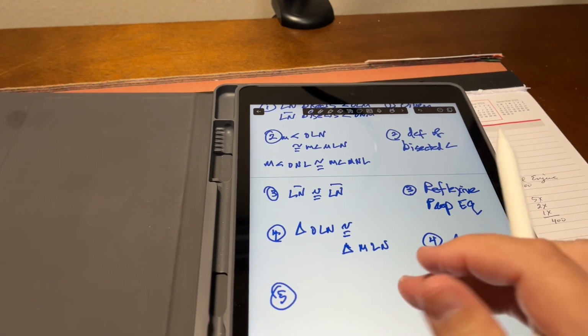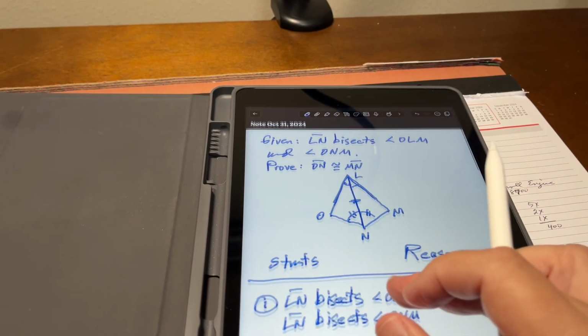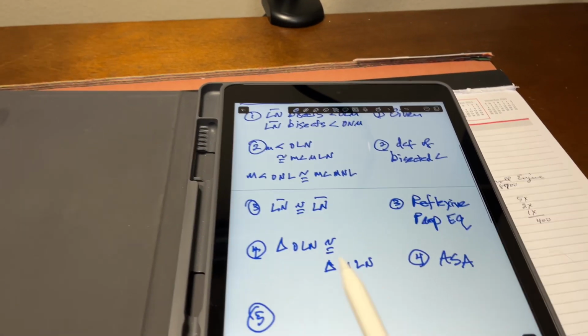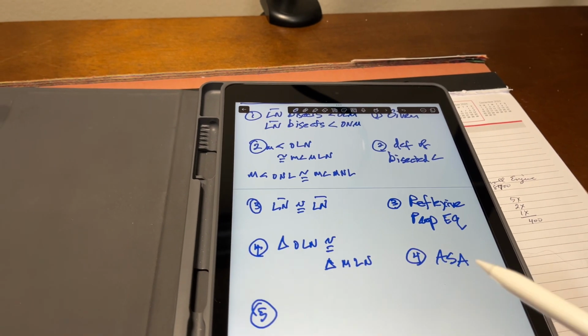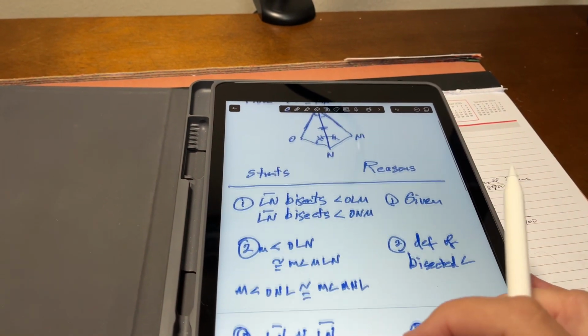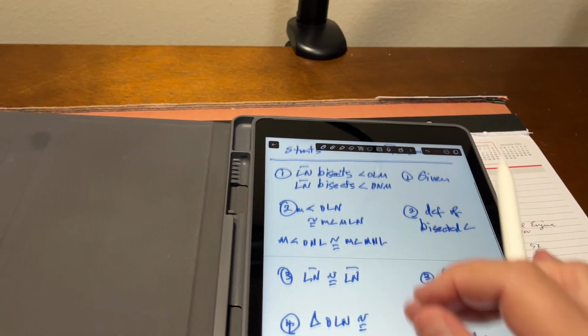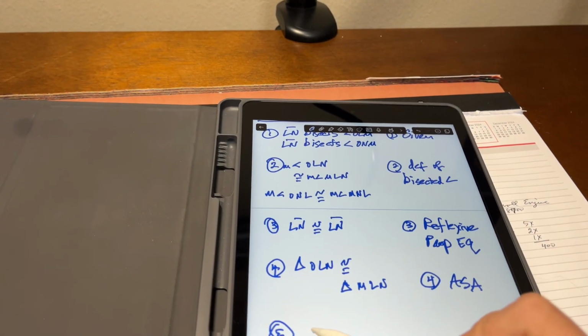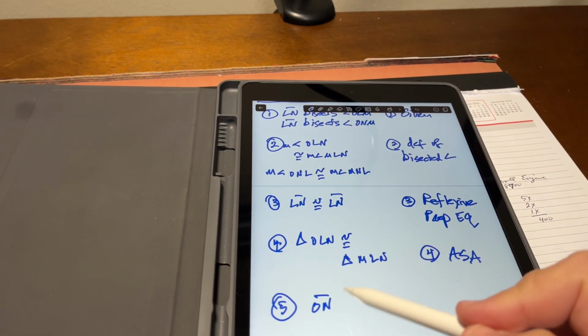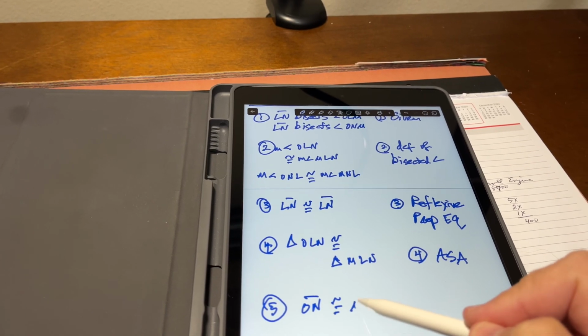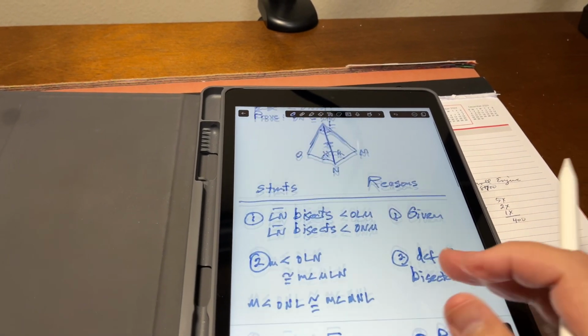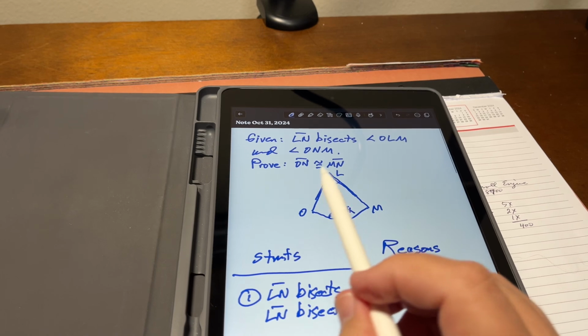So the last statement is my prove statement. So since I have proven that the two triangles are congruent, that means their corresponding parts are congruent. So that means that ON is congruent to MN. So that's what I was trying to prove. So segment ON is congruent to segment MN. That was the proof statement up here.